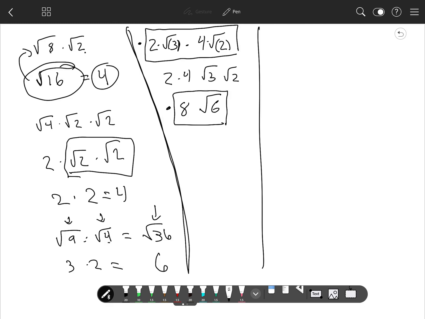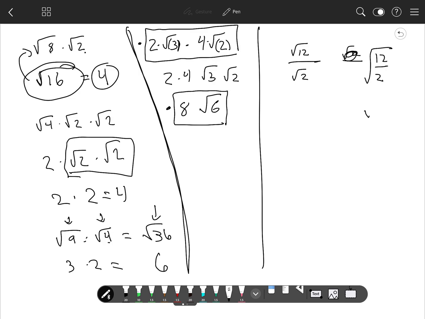Let's take a quick look at division. If I have, let's just say, square root 12 divided by square root 2, we could say that's the same thing as square root 12 over 2 under the square root, so the square root of 6.